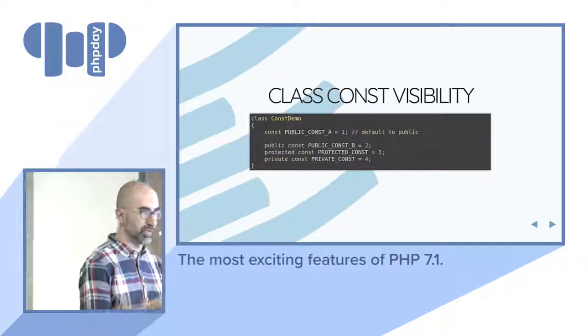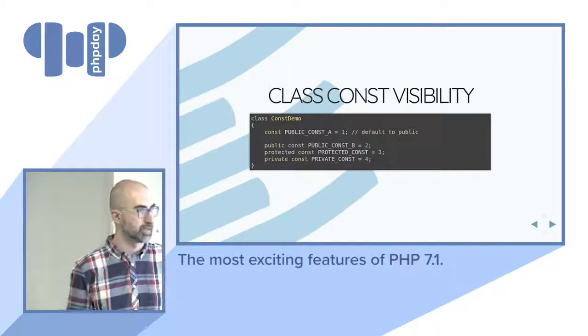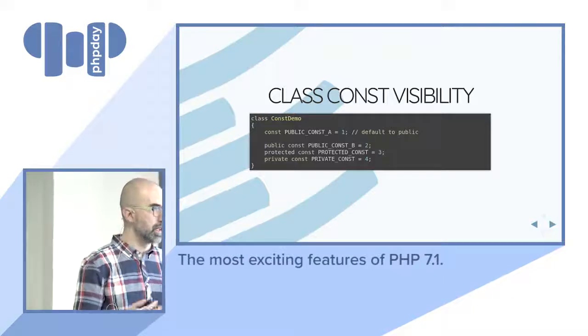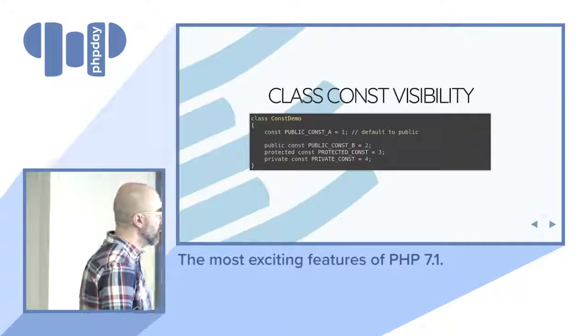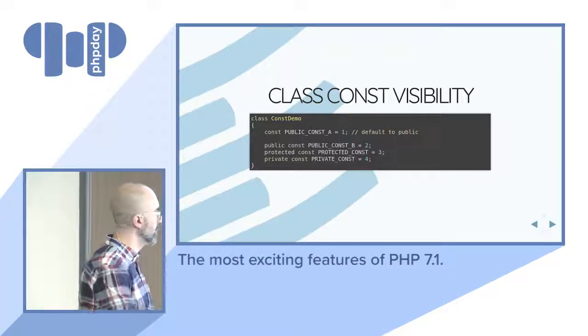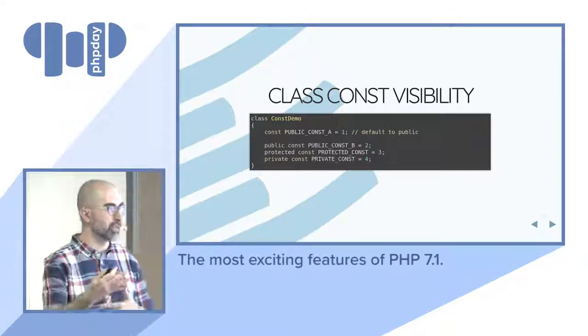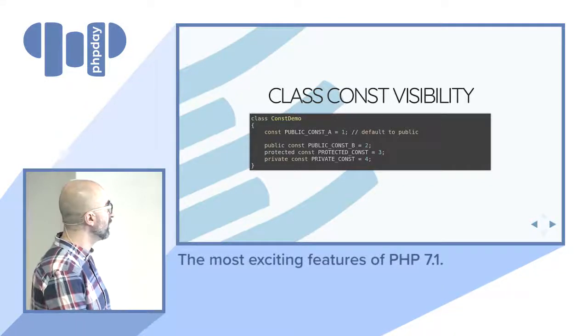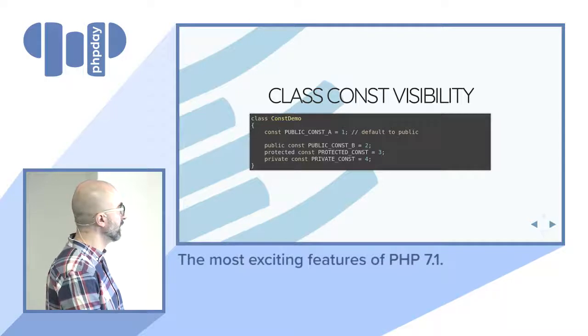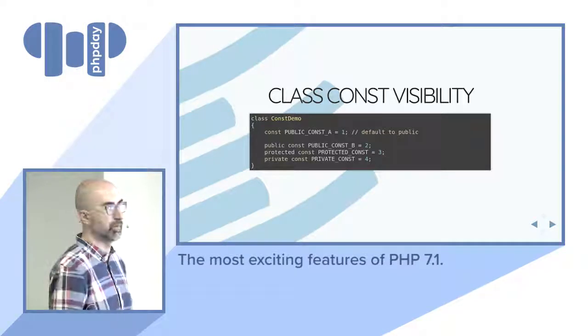Private means just the class itself can access. So this is good for internal constants, to be more robust and expose hidden information or not, if you want. By default, if you don't specify the visibility of the constant, you will get a public.